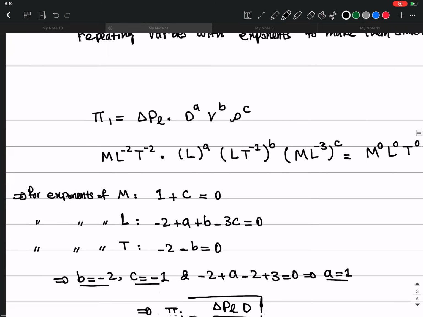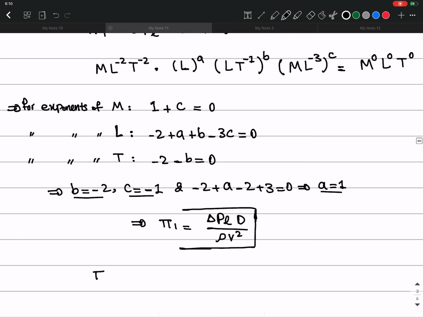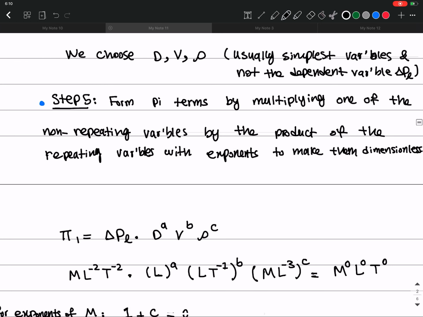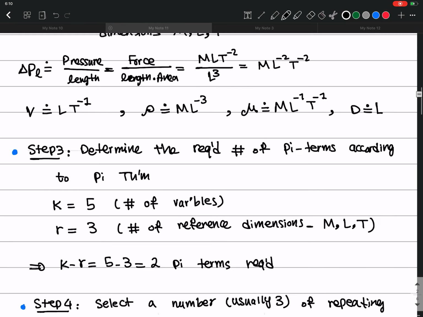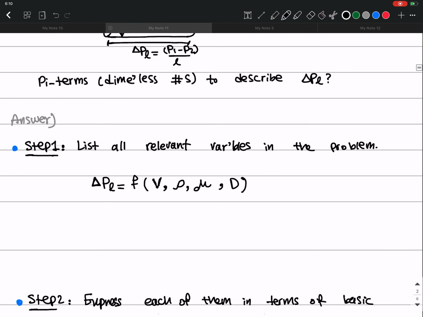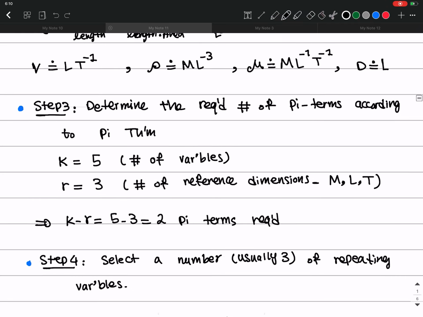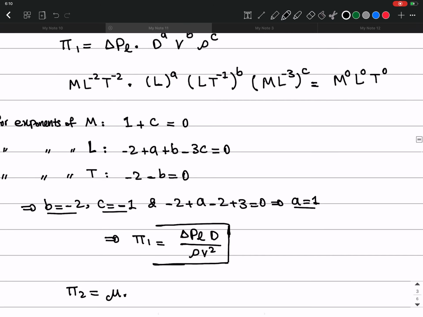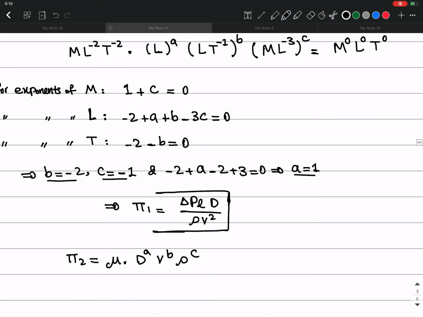And then we want to find the second pi number. So the second pi number, pi term, or pi 2, we have to multiply again the other non-repeating variable which we had, which is mu or viscosity, by all the repeating variables, which are D, V, and rho with their exponents to make it dimensionless. So D to a, V to b, and rho to c.